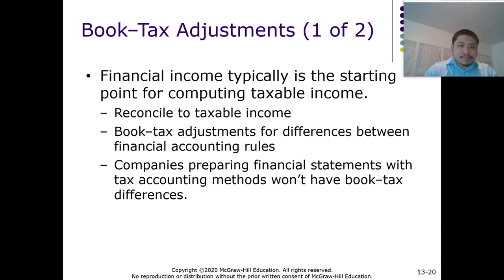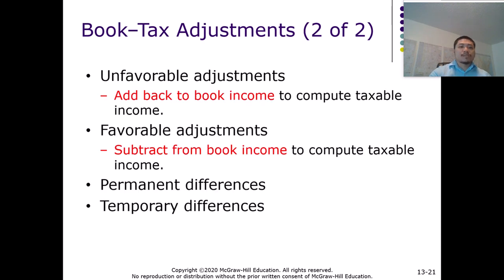To get to taxable income, we start with financial income and then reconcile by adding or subtracting the differences. There are two types of book tax differences: favorable and unfavorable. Unfavorable means we have to add back to the book income to compute the taxable income.